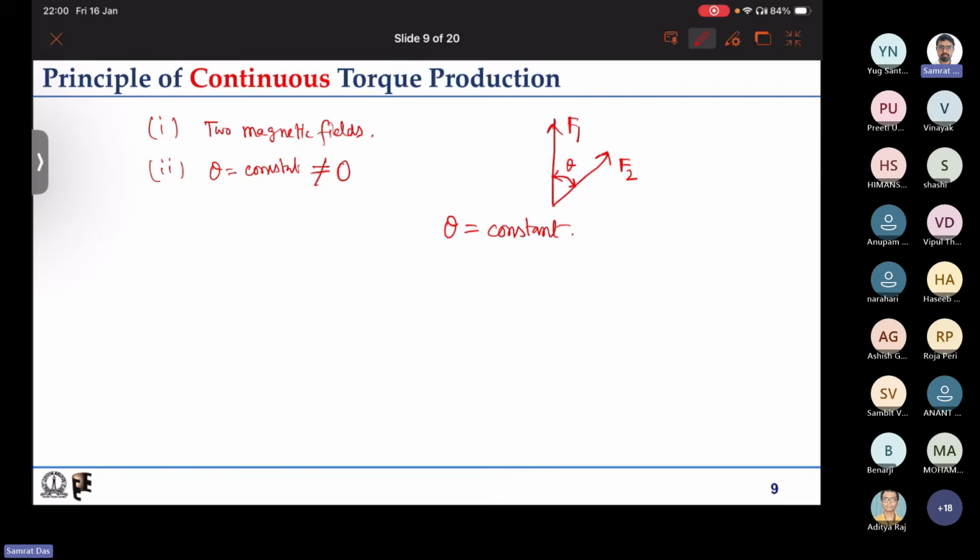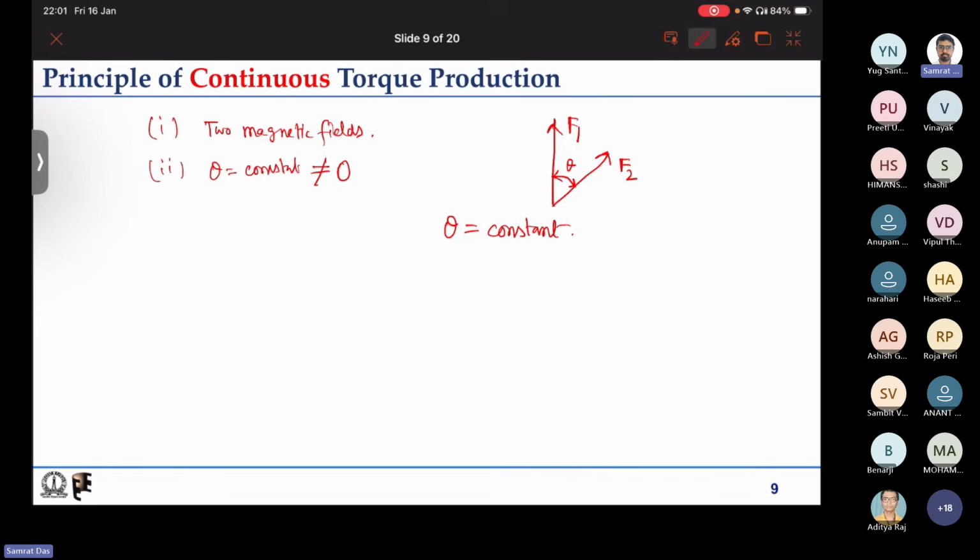So that is necessary for continuous torque production, and we'll just see a few cases of how they are ensured. Here we have many options. We can produce two fields, absolutely.